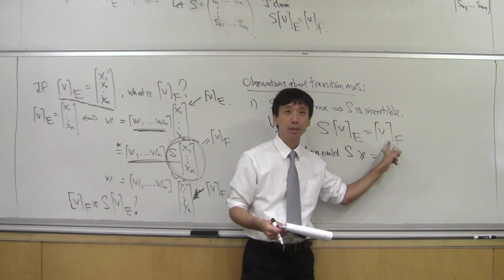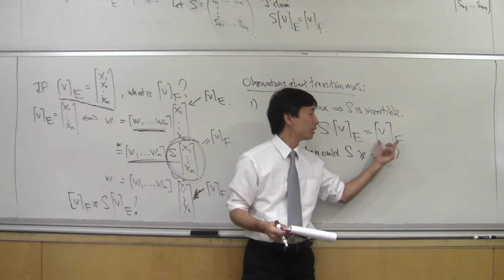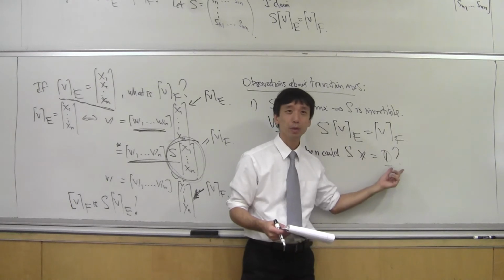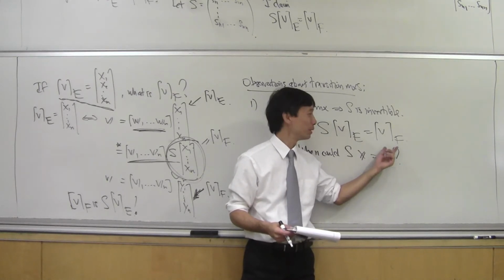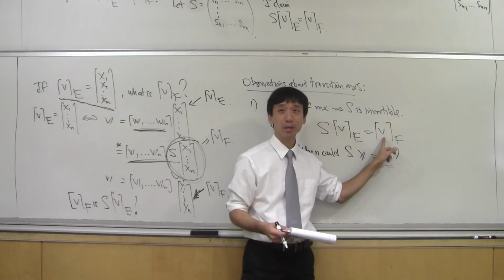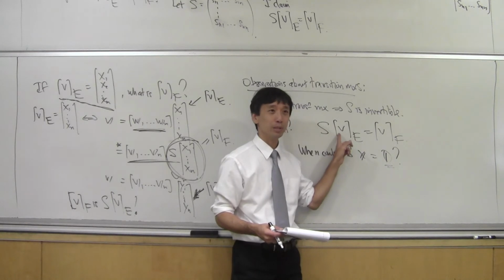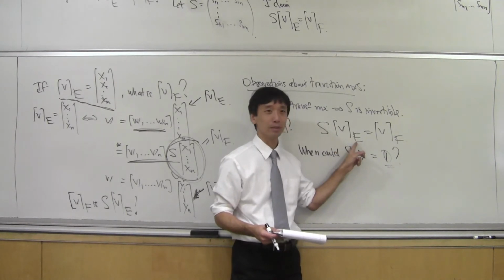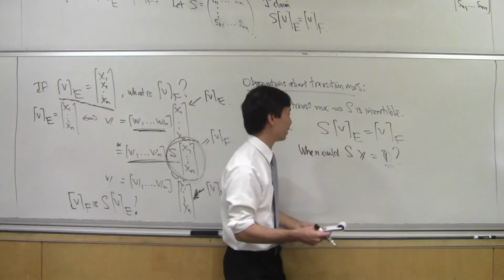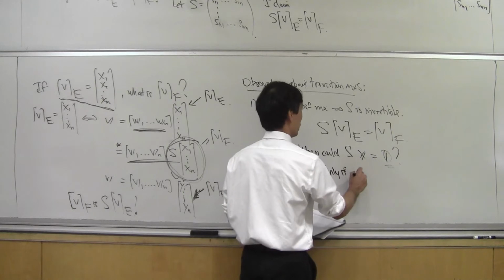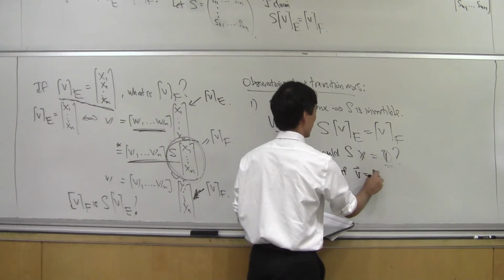That would mean that the coefficients with respect to the F basis are all 0. So what's your vector? The 0 vector, right? That means that your V is the 0 vector. If your V is the 0 vector, what are its coefficients with respect to the E basis? All zeros, right? When could this happen? Only if the V vector is the 0 vector.